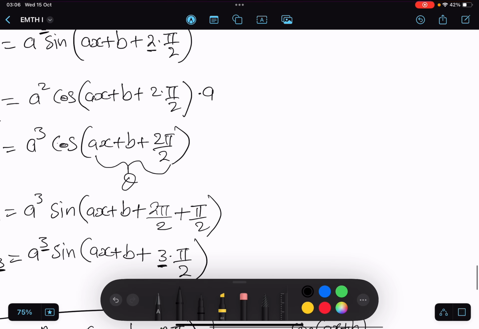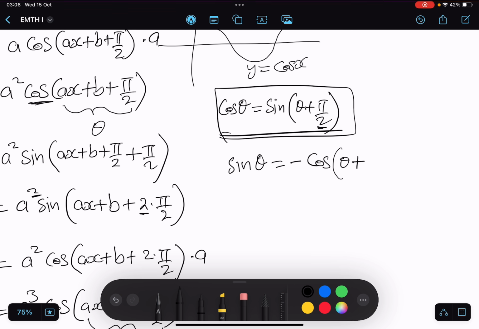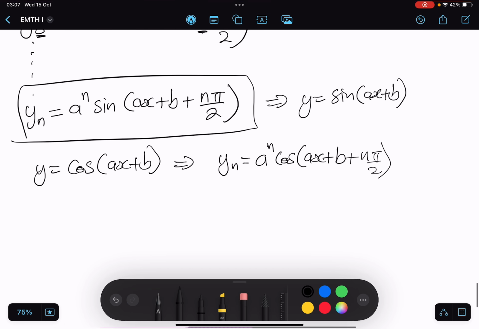Still you are using the same identity, because sine theta is equal to cos of theta minus pi over 2. So you're still going to get the nth derivative of cos ax plus b as yn is equal to a to the power n cos ax plus b plus n pi over 2.